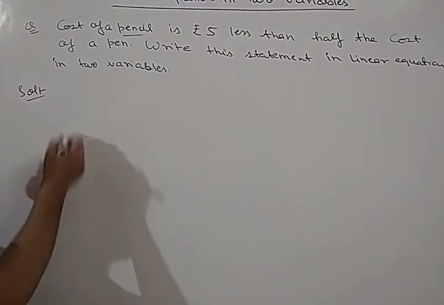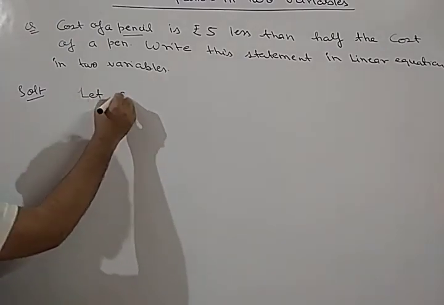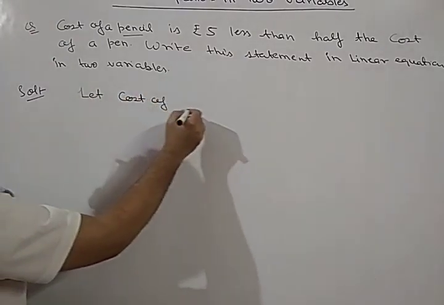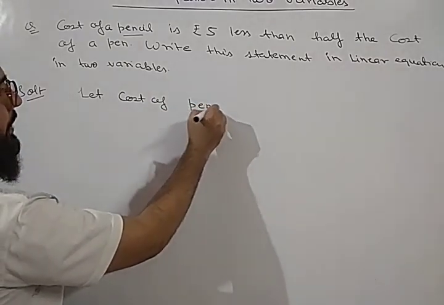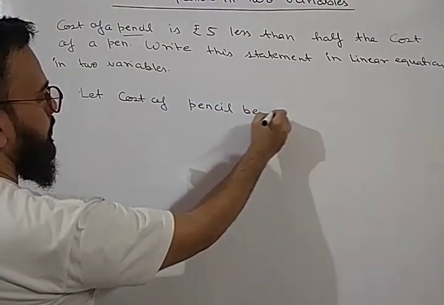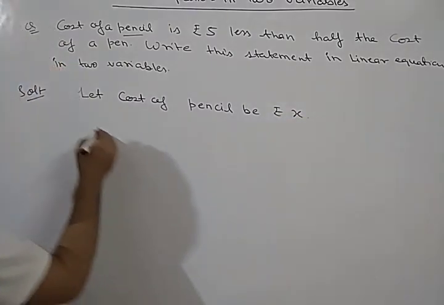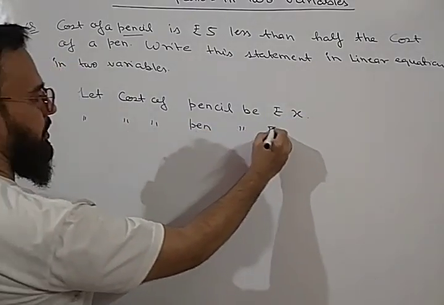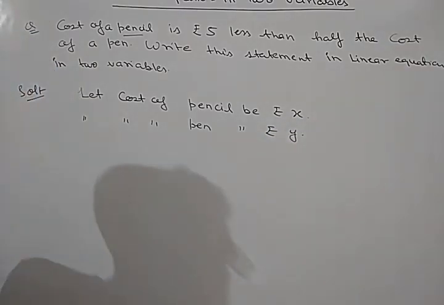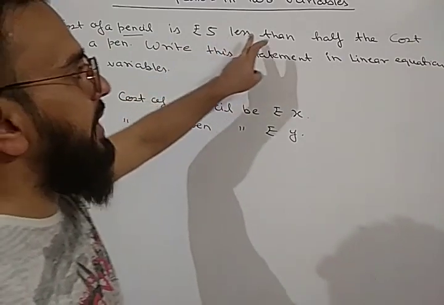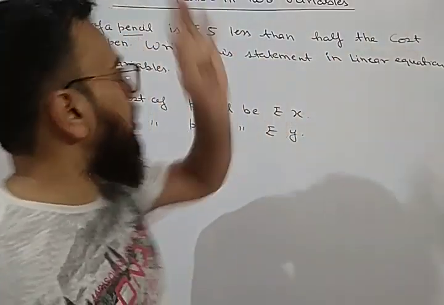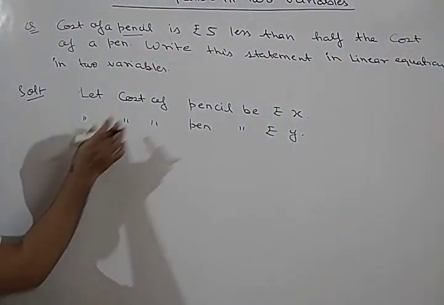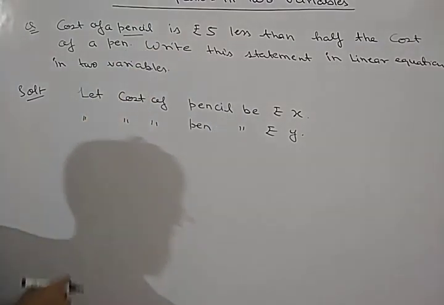So let us start. I am considering let cost of pencil be rupees x and let cost of pen be rupees y. Okay, now what is given? Cost of pencil is rupees 5 less than half the cost of pen. So first I am writing this statement in equation form.